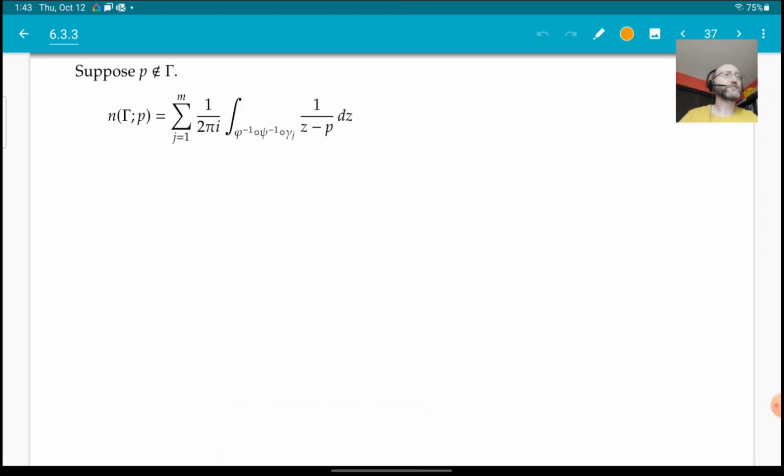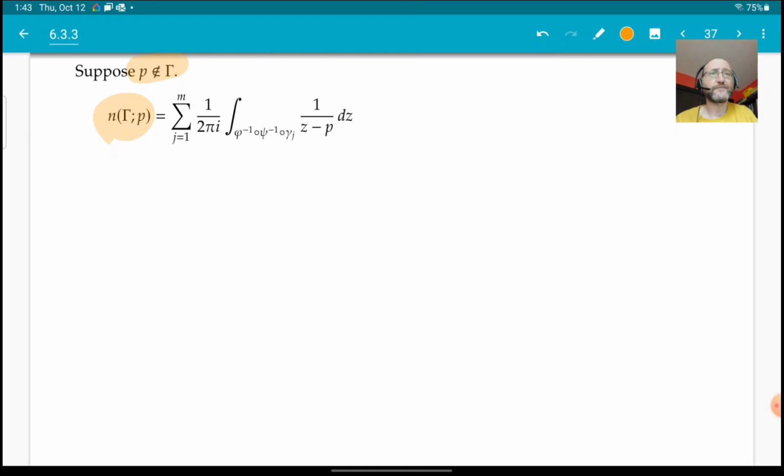All right. Well, it's just a computation. So what is the winding number around P, where P is just anything that's not in gamma, of course. I have m cycles, which are actually m paths.